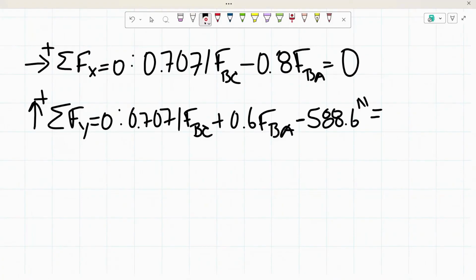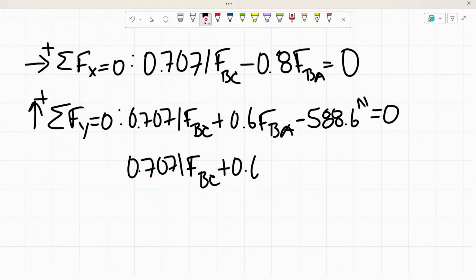And then that equals 0. So that means if we were to rewrite this, we have 0.7071 F of B of C plus 0.6 F of B of A is equal to 588.6 newtons.